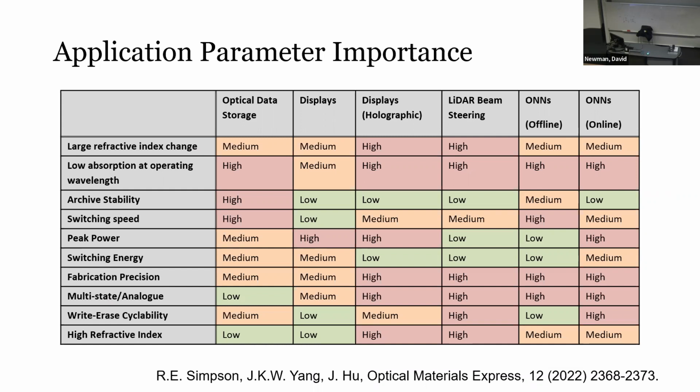These data storage materials were designed for a very specific purpose, which was to store data for 10 years and be able to switch very easily with a visible laser light. To switch a material with visible laser light, you need to heat up the material, so it needs to absorb the laser light.